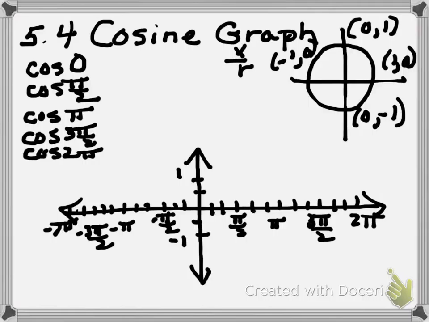going to use the quadrantal angles to find each one of the values on the curve. So the cosine of 0 is equal to x over r, 1 over 1, which is equal to 1. The cosine of pi over 2, or 90, is equal to x over r, 0 over 1 is 0.